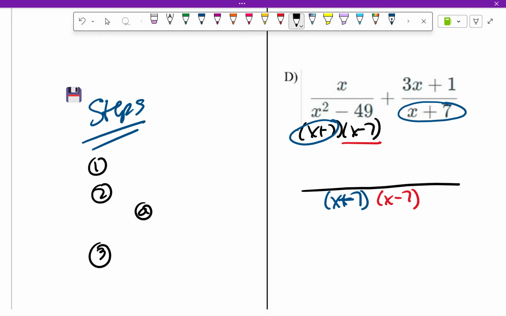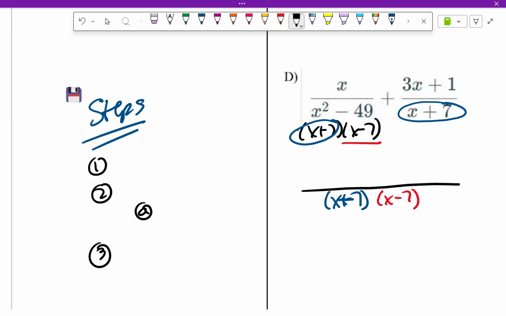We got the LCD. Step 3, I need to multiply by what's missing. I'm creating equivalent fractions, but I'm making it one big fraction. Creating equivalent fractions by multiplying by what's missing from the least common denominator.